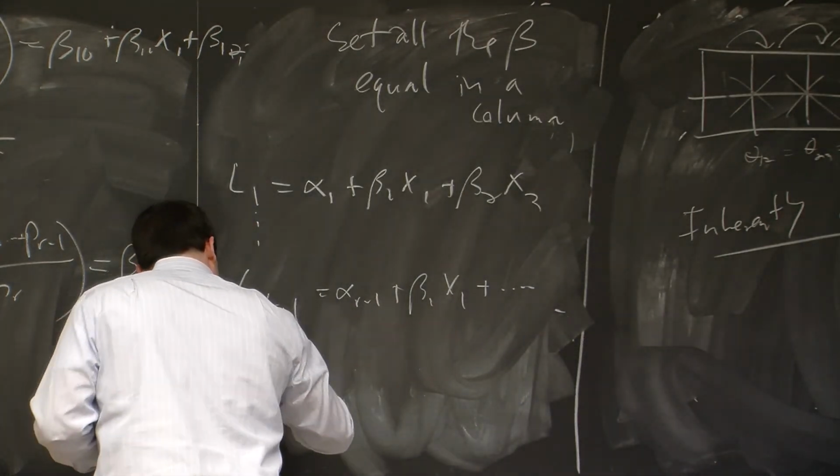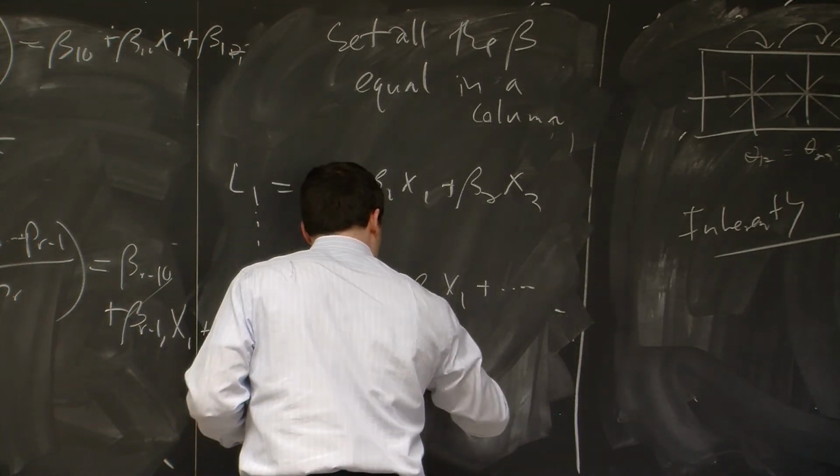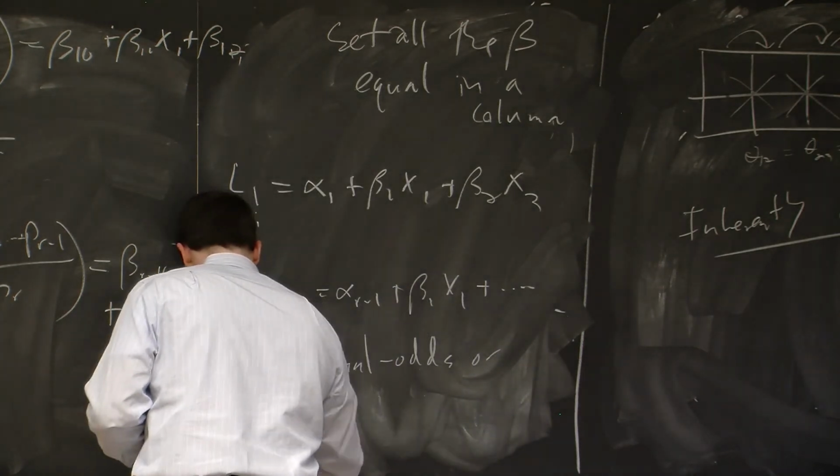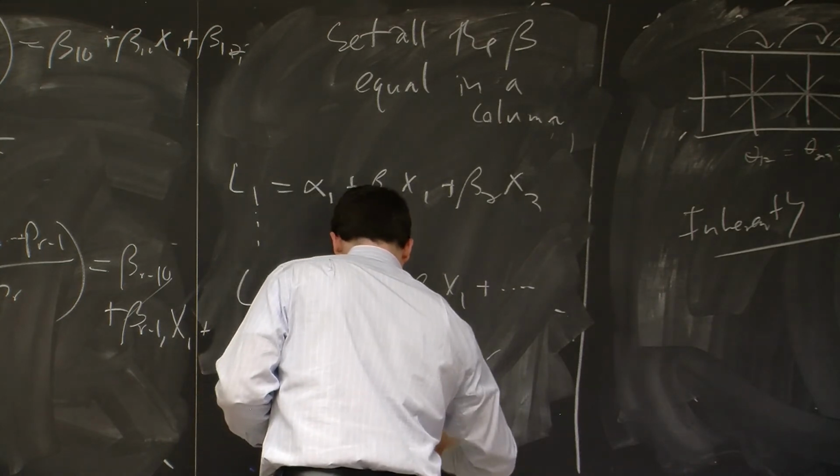And this has a name, it's called a proportional odds or cumulative logit model.